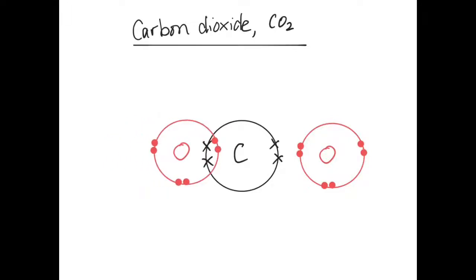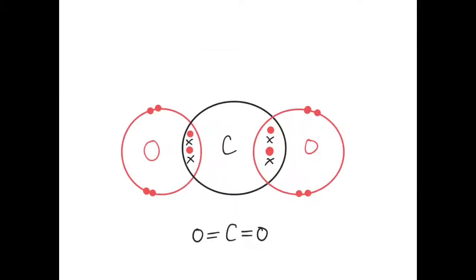So what happens is, it goes a bit like this. The carbon now has a share of 8 electrons, and each oxygen has a share of 8 electrons.